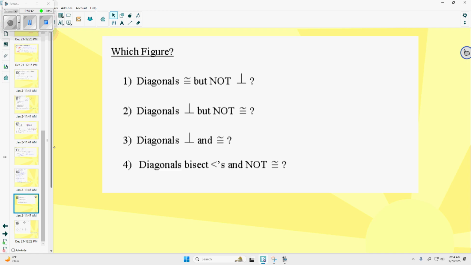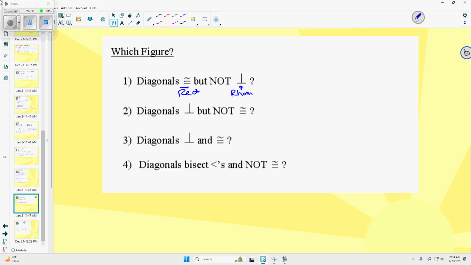All right, diagonals are congruent but not perpendicular. When are they congruent? What shape? Rectangle. When are they perpendicular? Rhombus. So what shape is a rectangle but not a rhombus? Go for the obvious.